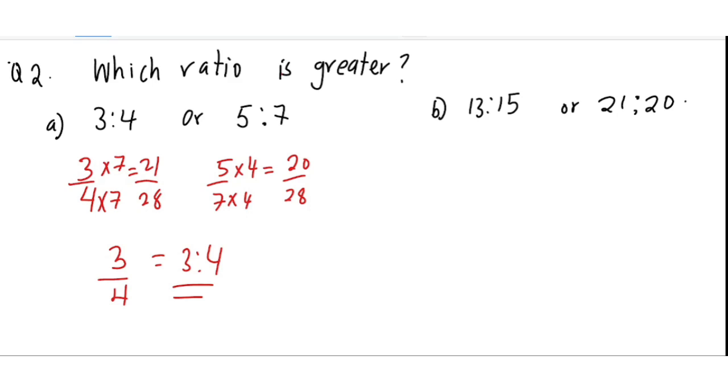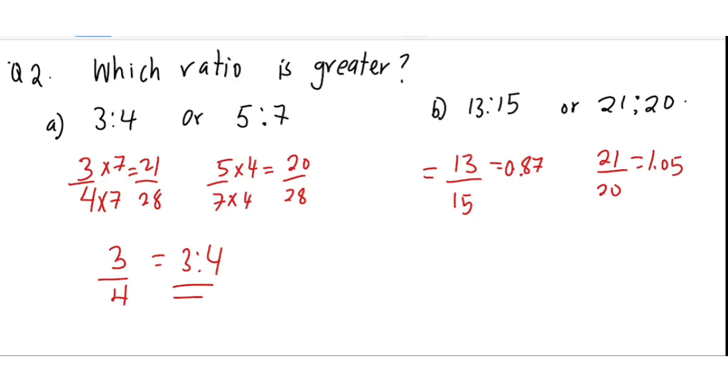By the way, for the previous one also there's a correction. Now for the other one, I'd use decimals. So 13/15, I can change it into decimal. 13 divided by 15 becomes 0.86 or 0.87. If you change 21/20 into decimal form, 21 divided by 20 gives you 1.05.